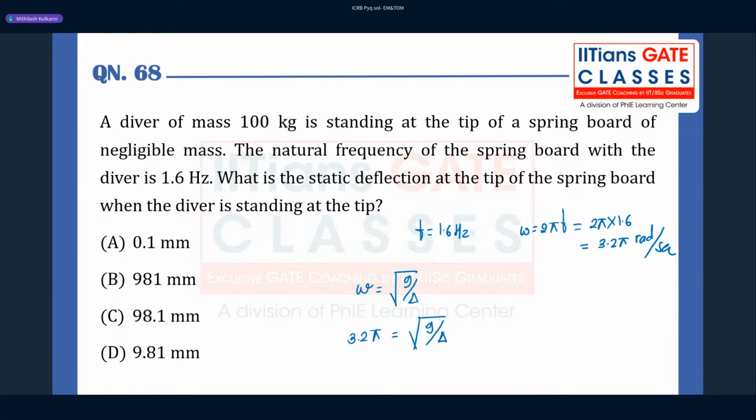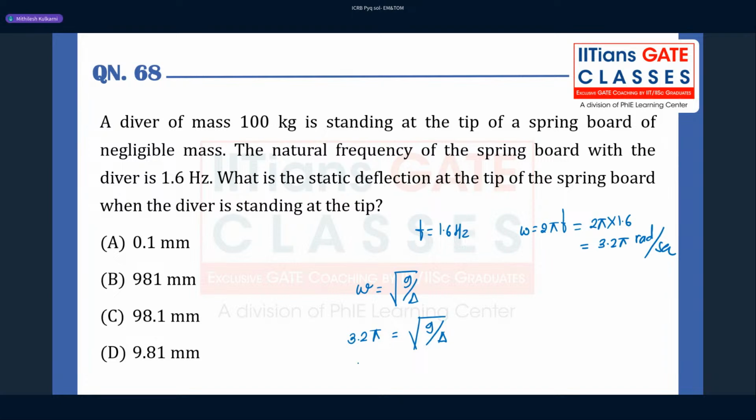First of all, do the square on both the sides, and solve it. So squaring both the sides, roughly you will end up with this number as 100, so 100 is equal to g by delta, more or less 101 something you will get.